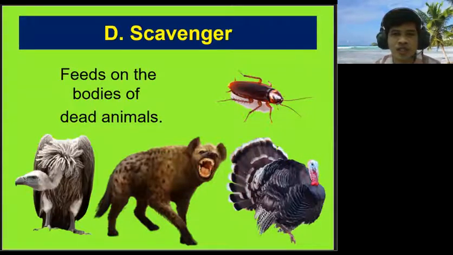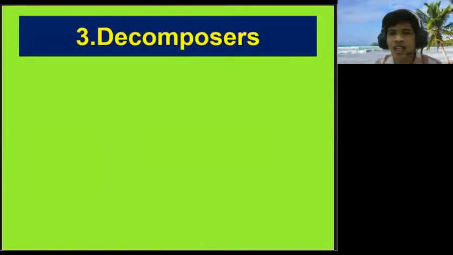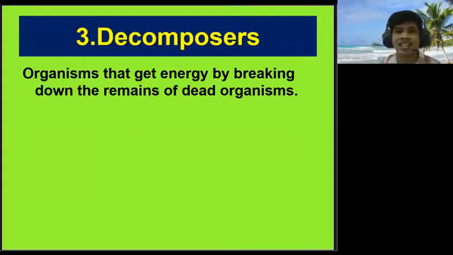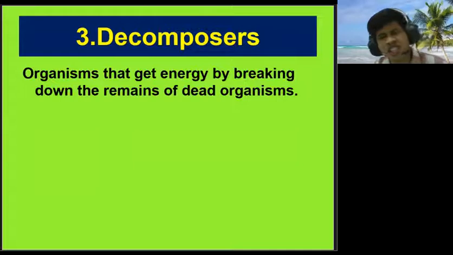Okay, decomposer. When we say decomposer, these are organisms that get energy by breaking down the remains of dead organisms, right? Meaning they live in the remains of dead organisms, not just animals, but can also be plants.